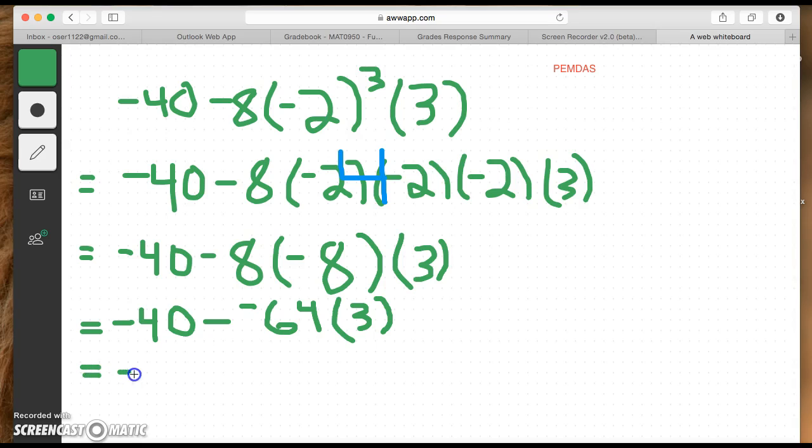This is equivalent to negative 40 minus, and we just saw that negative 64 times 3 is a negative 192.